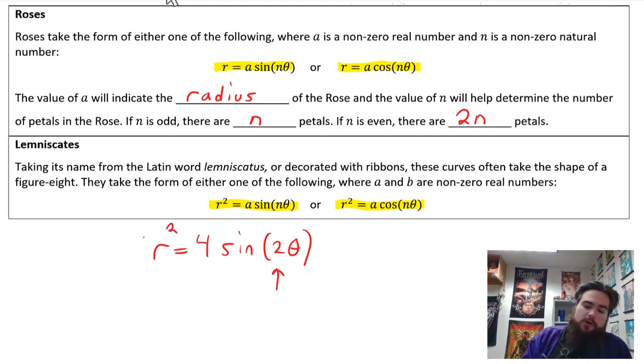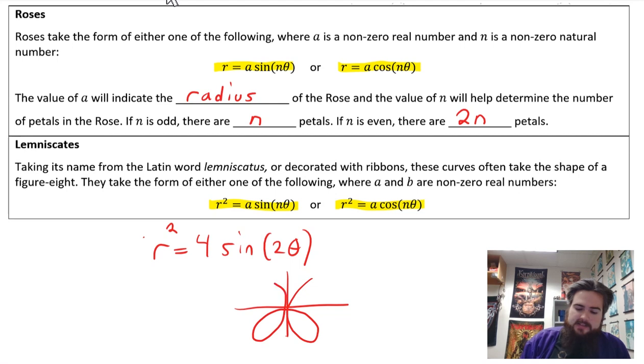If this was r squared equals 4 sine of 2 theta, well, this rose of 4 petals, which would end up looking something like this, is going to no longer include the petals that would have been created via negative radii.